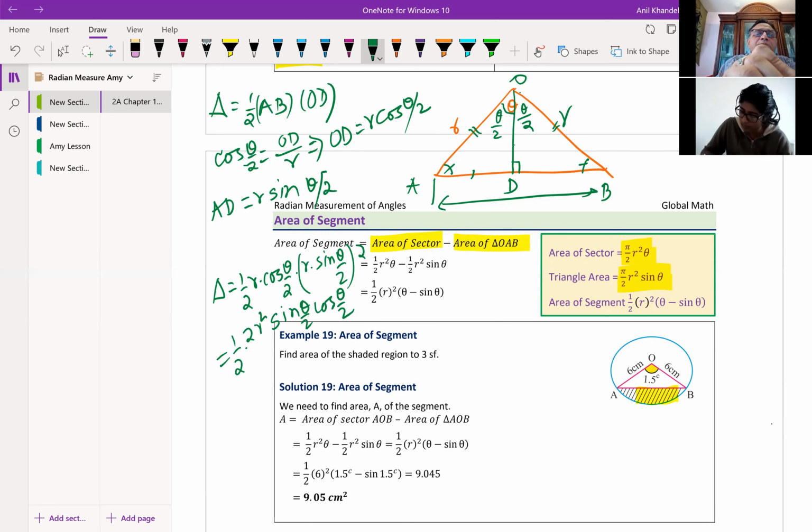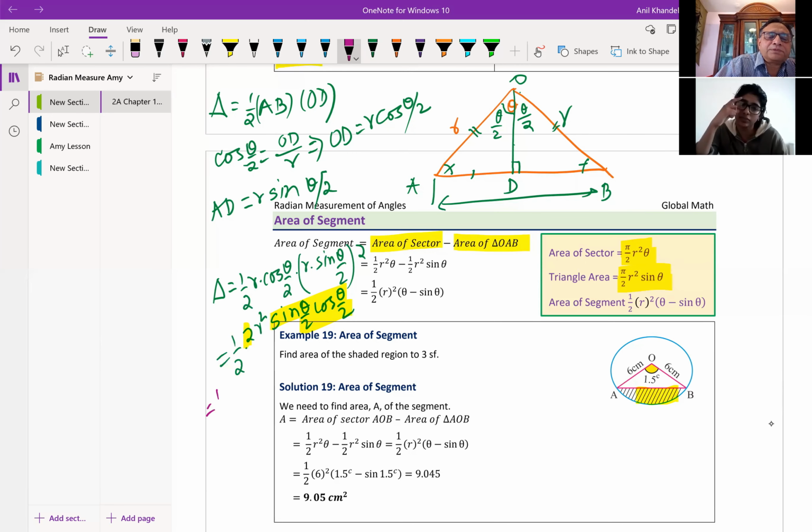Now, Amy, you've not done the compound angle formula so far, but this twice sine theta by 2 cos theta by 2 is sine of 2 theta, sine of twice the angle. So that can be just like a rule. Yeah, it's a formula, right?